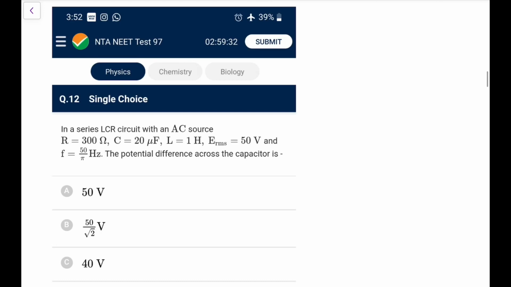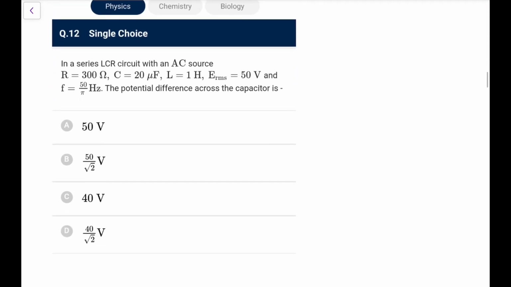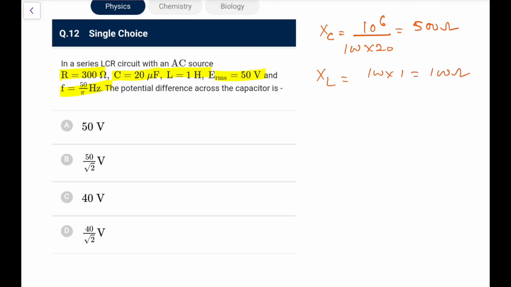In a series LCR circuit with an AC source, R equals 300 ohms, C and L given, E RMS is 50 V, and a given frequency, the potential difference across the capacitor is? So let me solve first of all. What is XC? That is 1 upon omega C. Omega is 100, C is 20 into 10 to the power minus 6, so 1000 by 2 comes out as 500 ohms. XL would be 100 into 1, that is 100 ohms. So what is Z?